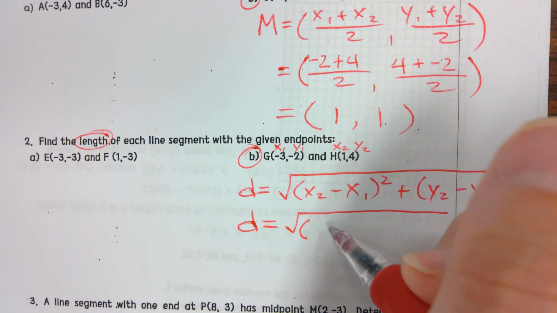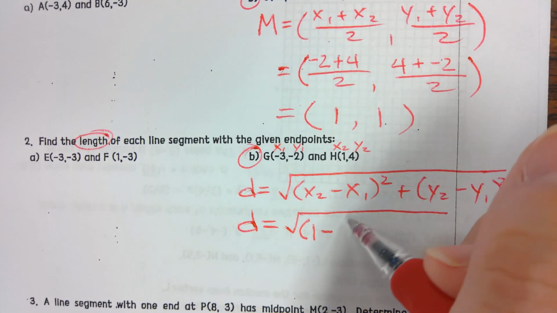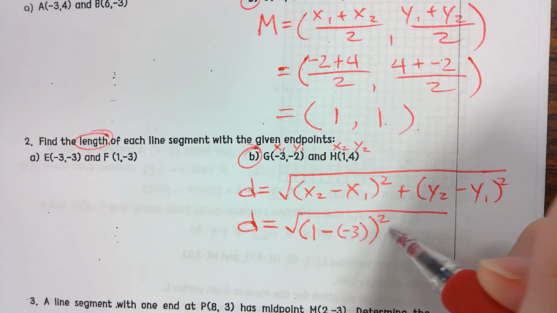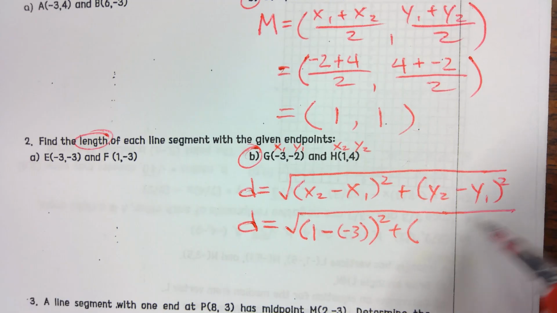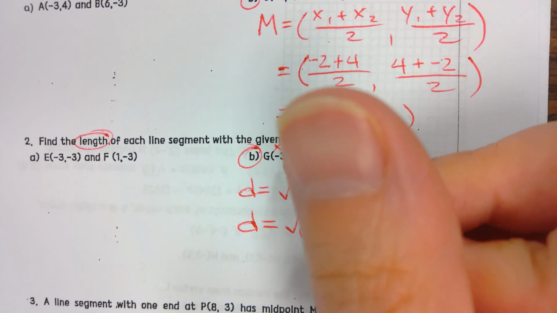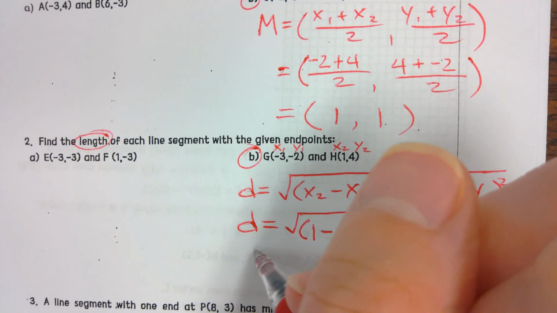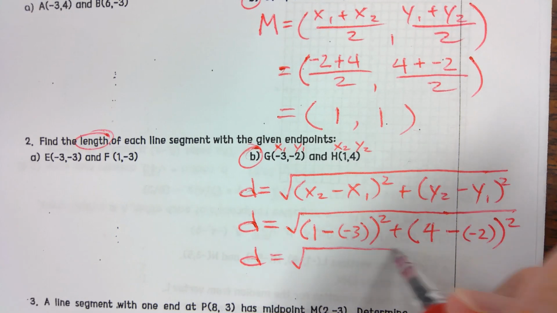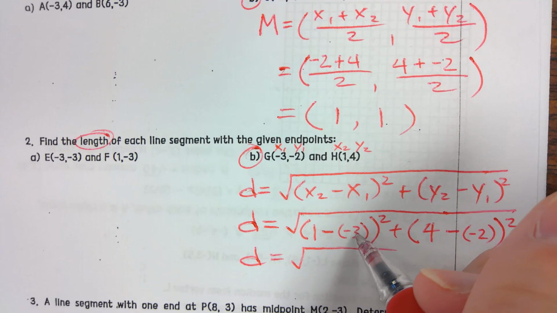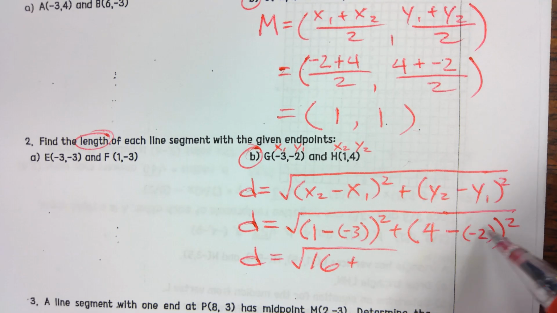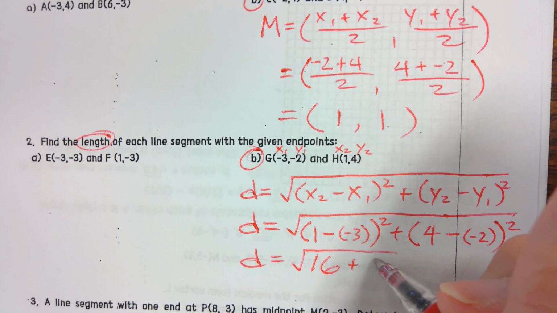So x2 is 1, minus x1, -3. Y2 is 4, y1 is -2. So 1 minus -3 is 4, 4 squared is 16. 4 plus 2 is 6, 6 squared is 36.